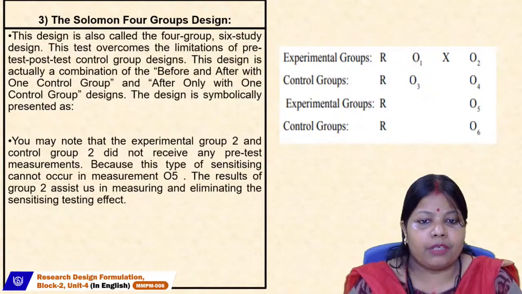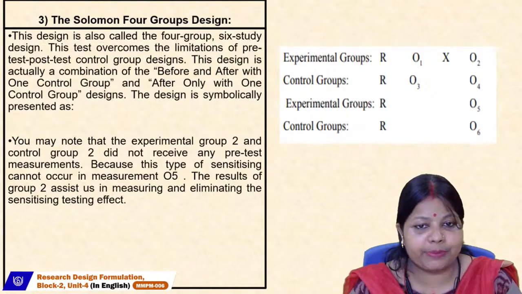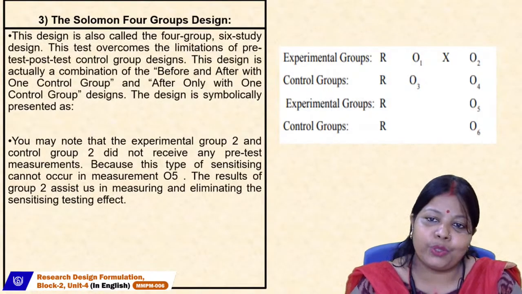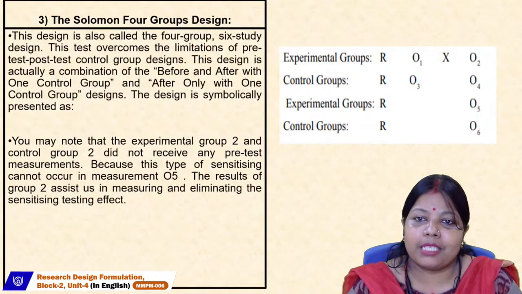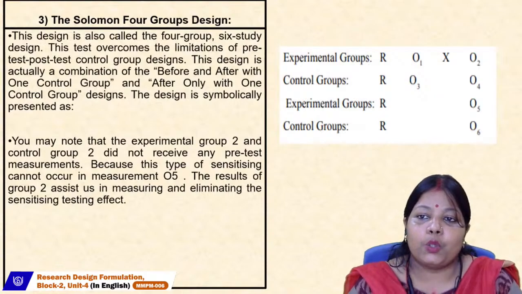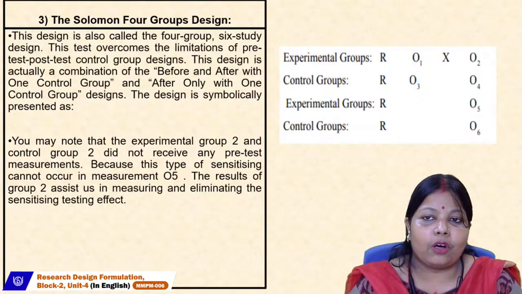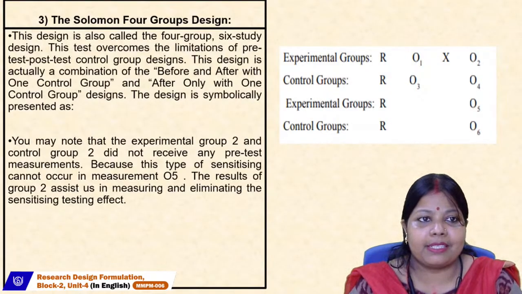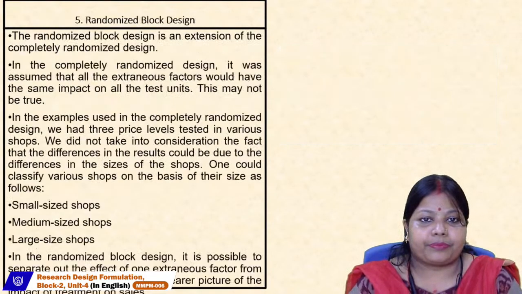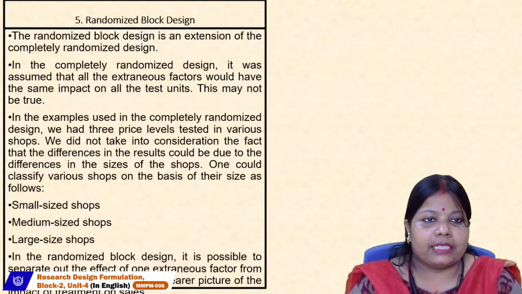So here we have 2 experimental groups as well as 2 control groups, and the notations we have used here were already discussed in our previous slides. In the randomized block design also we have some difficulties.